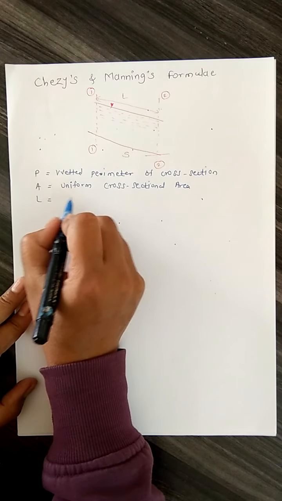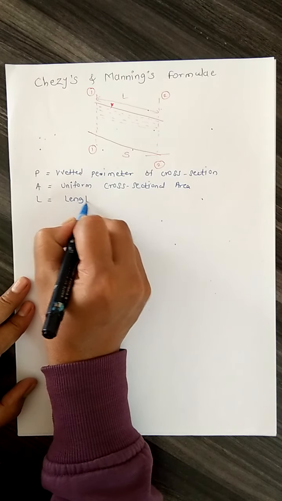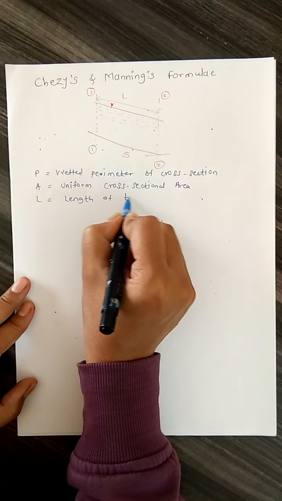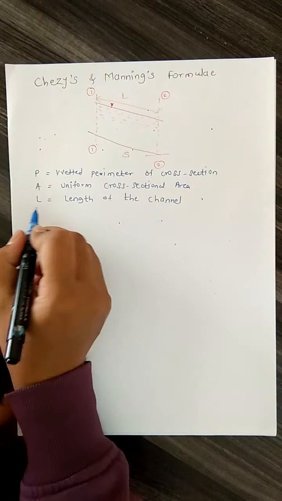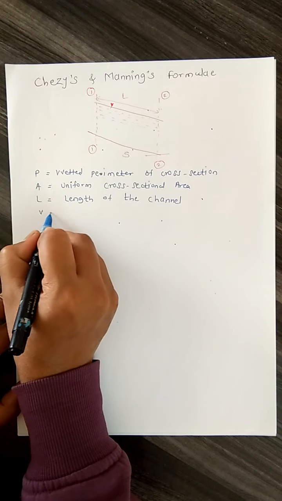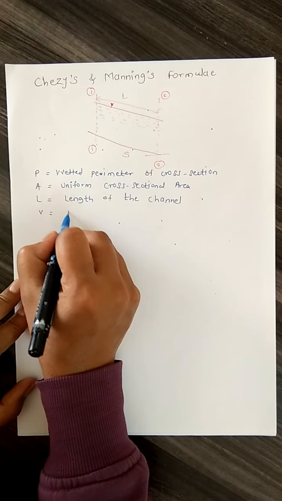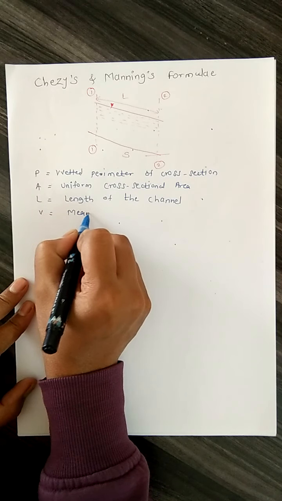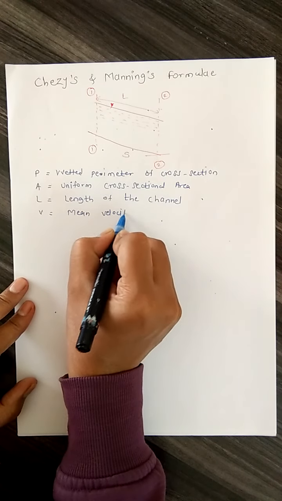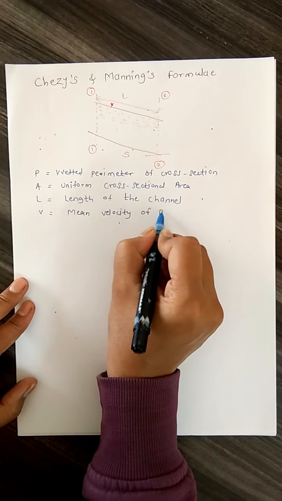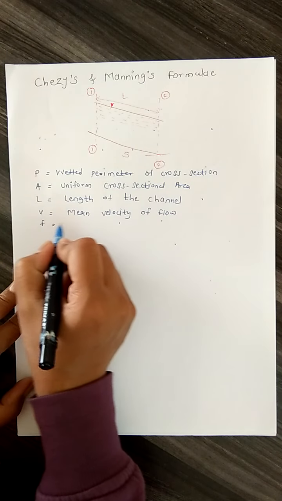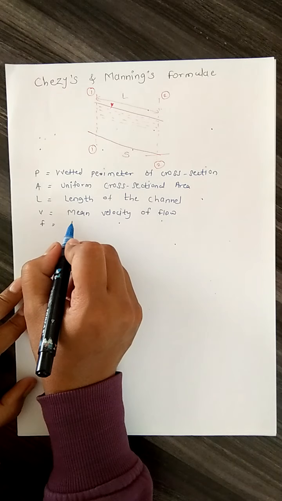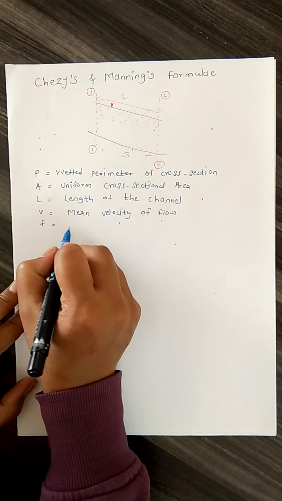Capital L is equal to length of the channel. Small v is equal to mean velocity of flow. Small f is equal to frictional resistance per unit area at unit velocity.